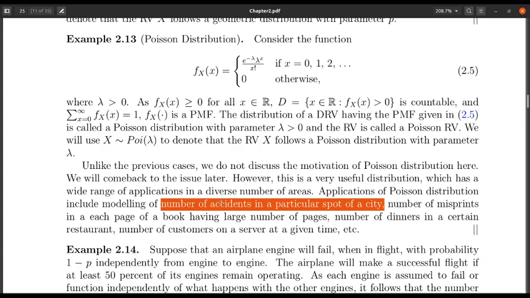Accident in this case is basically success. So it is a binomial kind of thing, and if n, the number of cars, is very large, I can use a Poisson distribution.